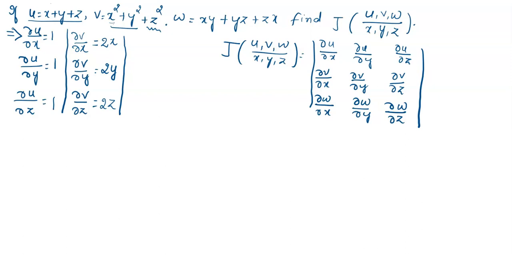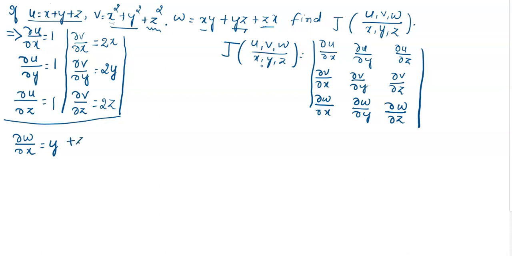Now let me differentiate w with respect to x partially. We have to treat y and z as constant. Then the value of the second term while differentiating with respect to x is 0. And the differentiation of the third term with respect to x is z, plus y from the first term. Similarly, find out dou w by dou y.